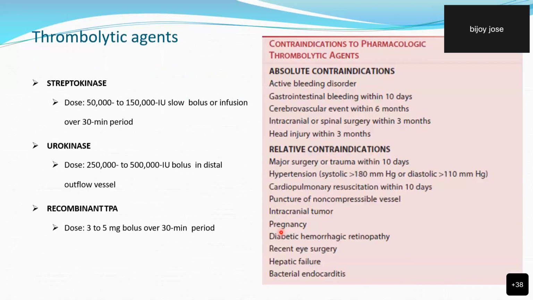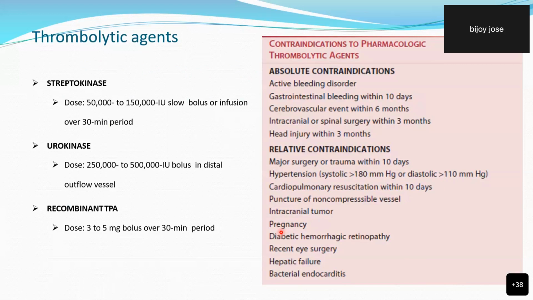As a thrombolytic agent, usually we use recombinant tissue plasminogen activator. Other agents we use are streptokinase and urokinase. The absolute contraindications for pharmacological thrombolysis are active bleeding disorder, GI bleeding within 10 days, cerebrovascular accident within 6 months, intracranial or spinal surgery within 3 months, and head injury within 3 months.